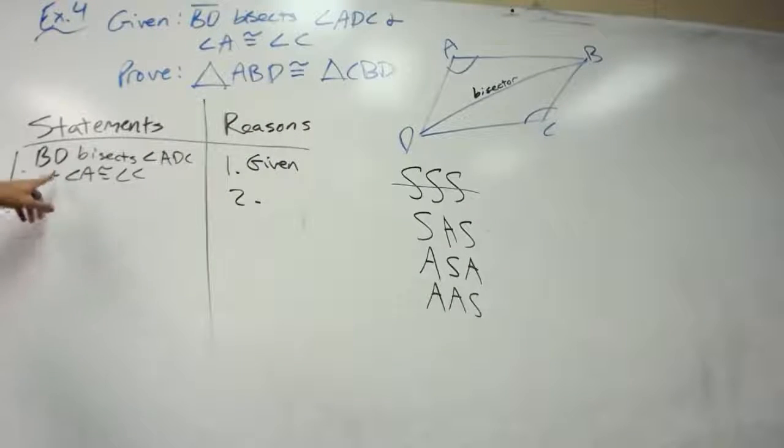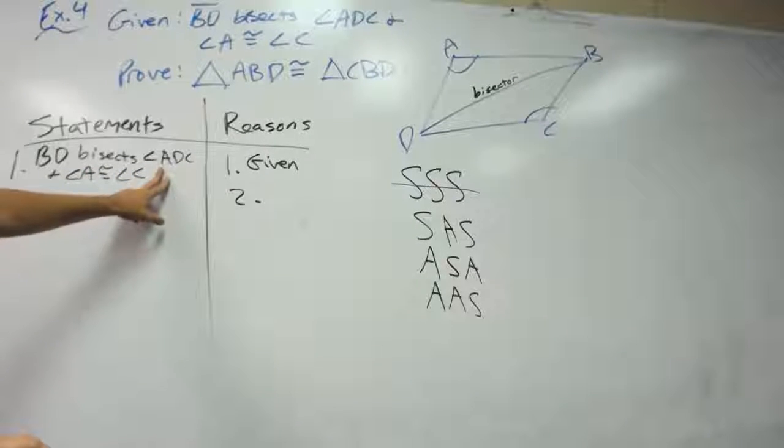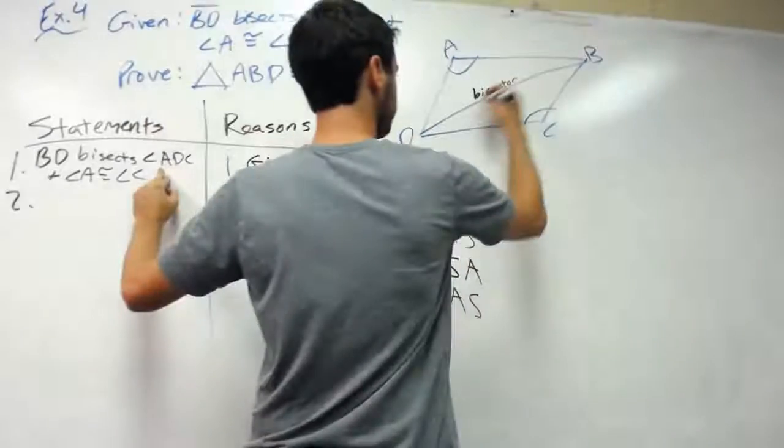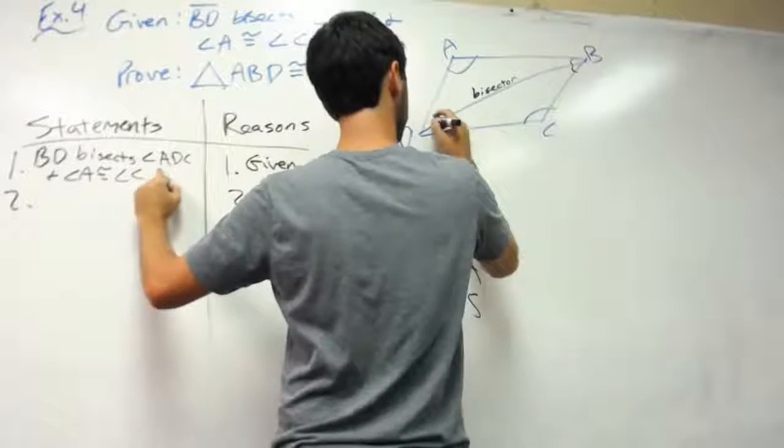Now let's look at the other key information that it gives us. It gives us that BD bisects angle ADC. Well, what does that tell us? When you have an angle bisector, that cuts the angle into congruent angles.